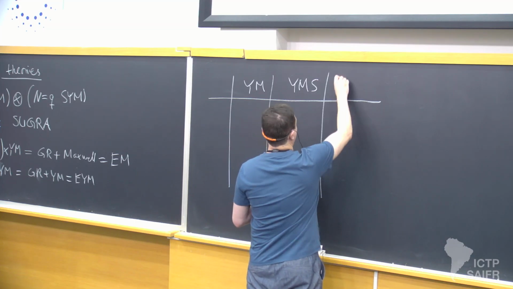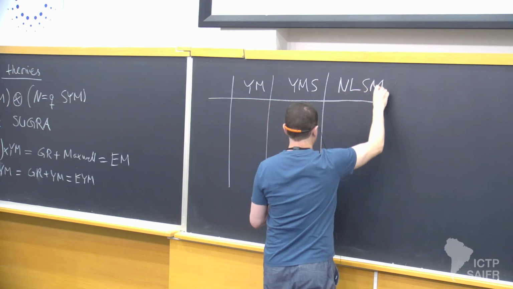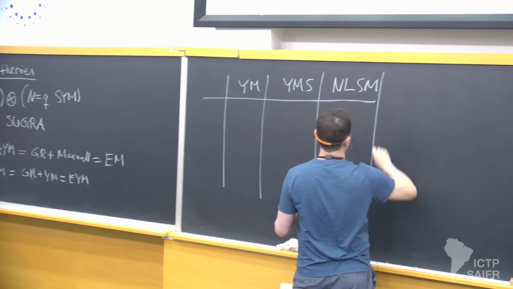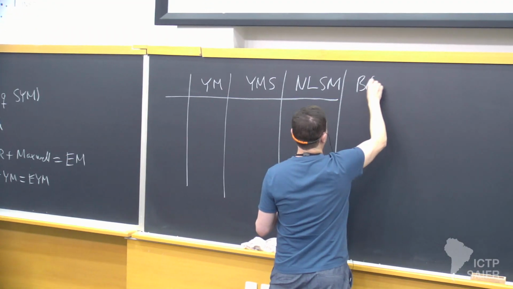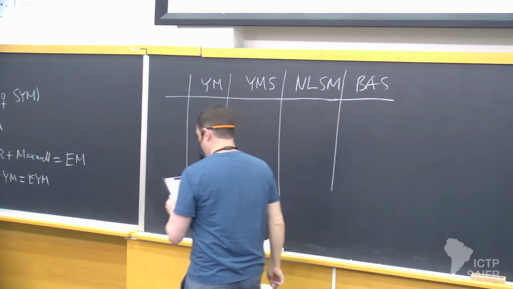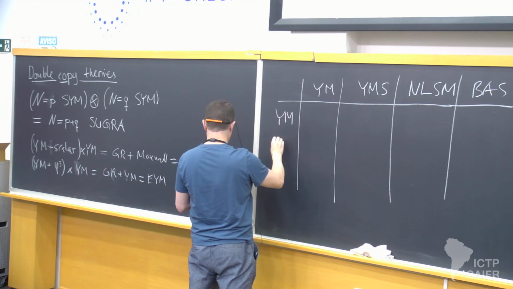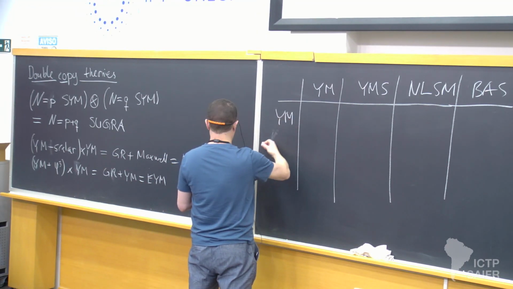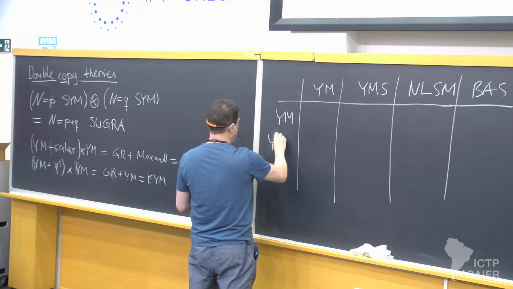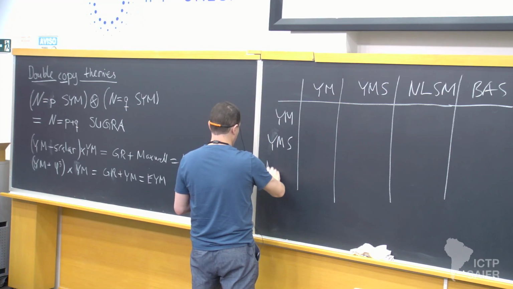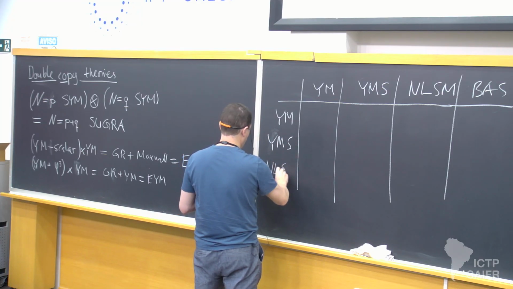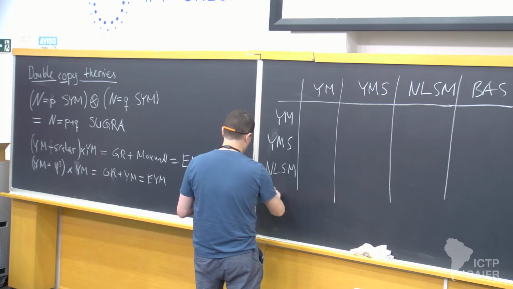We can put the nonlinear sigma model. And lastly, just put the bi-adjoint scalar. And then we can also put the same thing over here: Yang-Mills scalar, nonlinear sigma model, and bi-adjoint scalar.